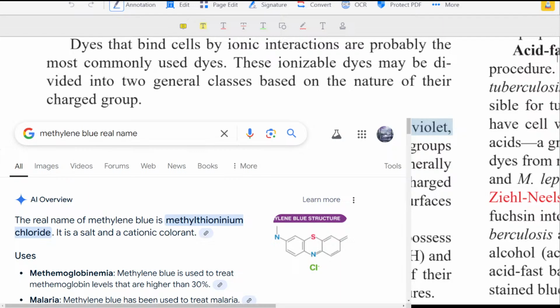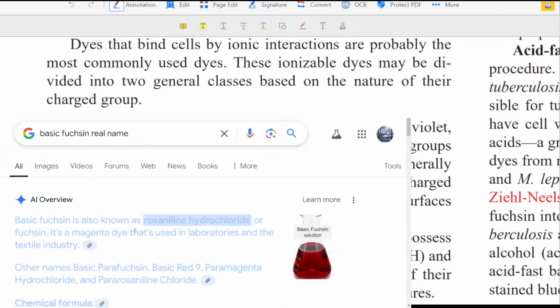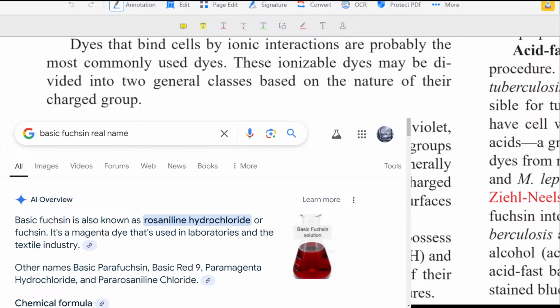Alright, so let's go with the basic fuchsin. Control plus C and control plus V. Hydrochloride. Look at this red color.